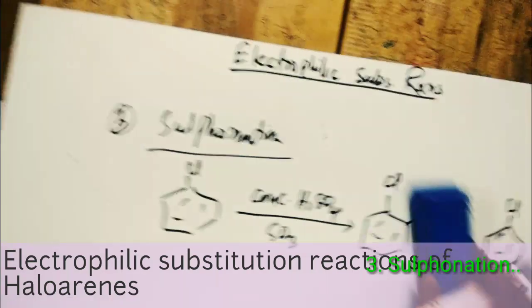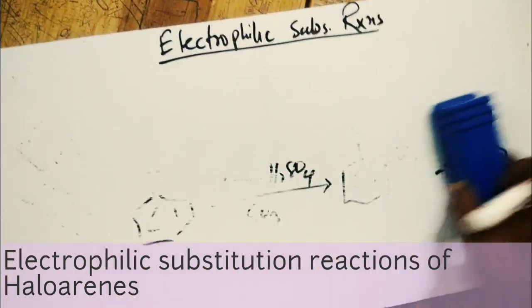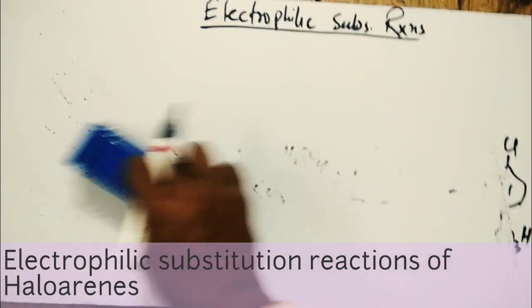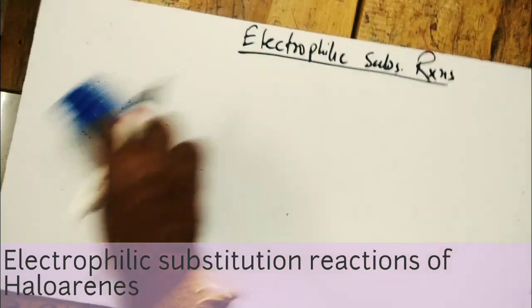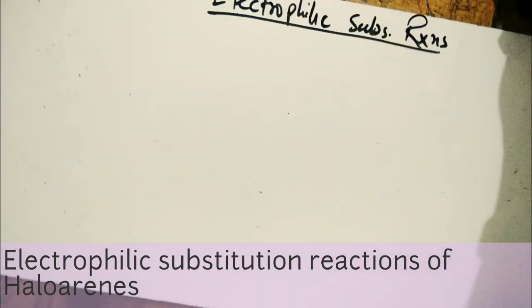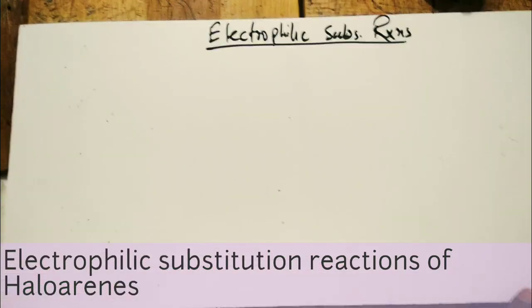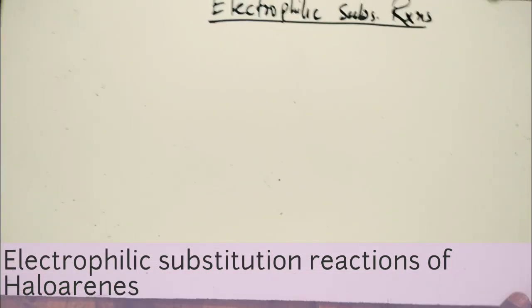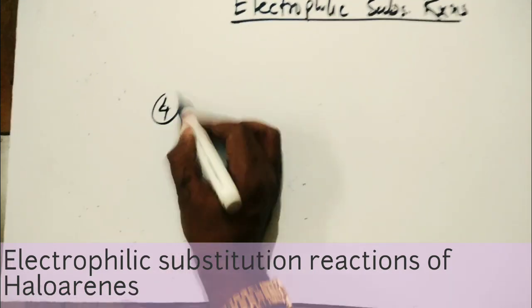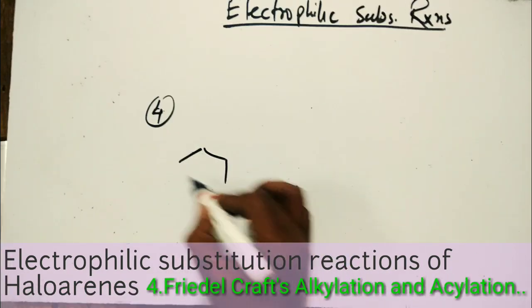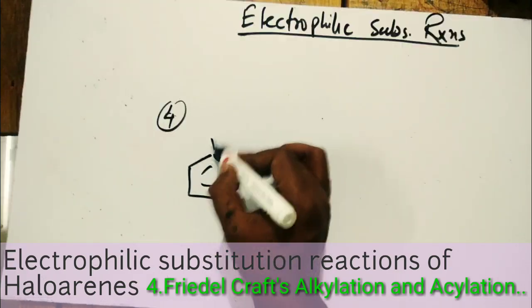Now after this sulfonation, we have two important named reactions, which are Friedel-Crafts alkylation and Friedel-Crafts acylation. Now the fourth type: this is chlorobenzene.